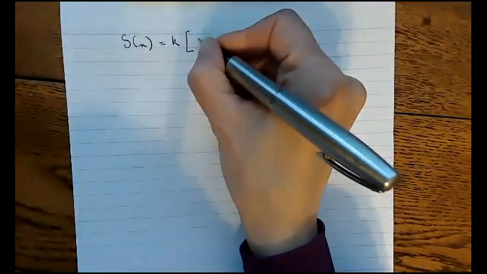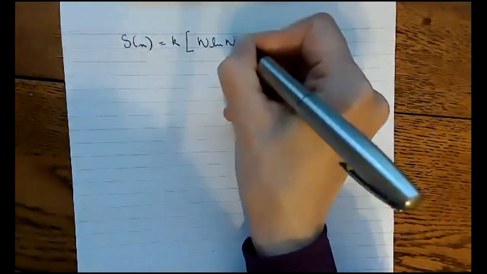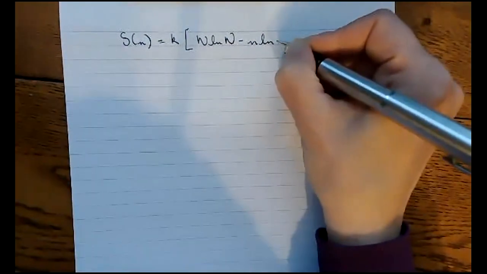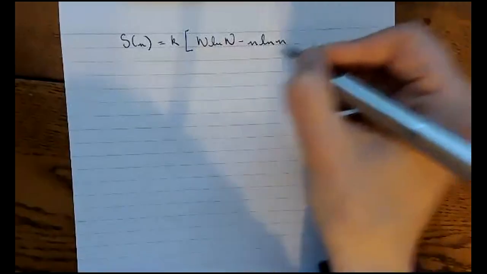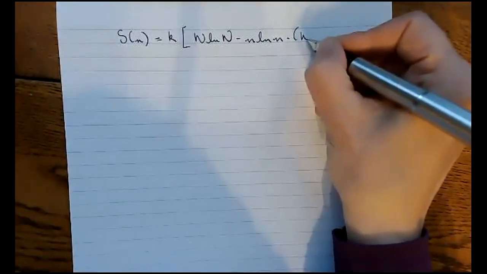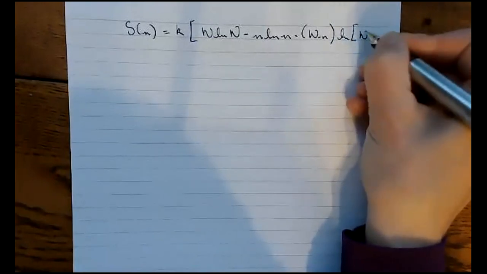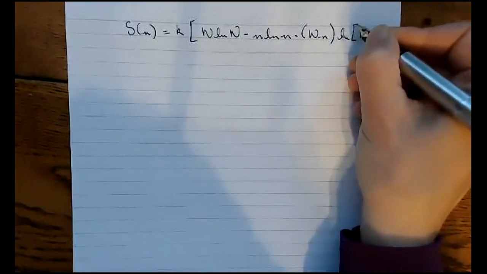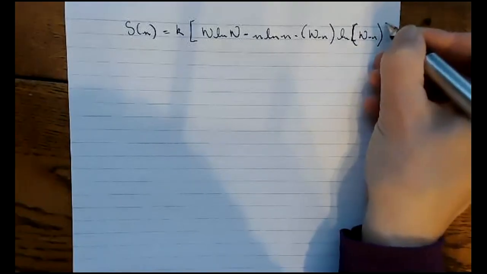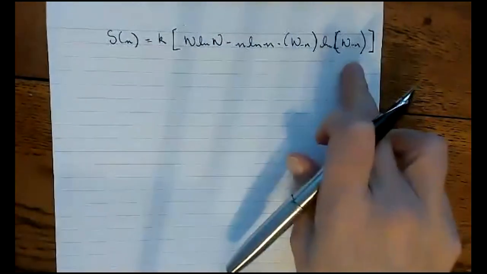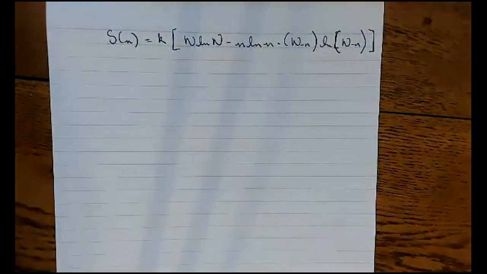So we have N ln N minus little n ln little n minus (N minus little n) ln (N minus little n), and so on. That should be curly brackets, and that should be a straight bracket. So this is just the result that we calculated last time.